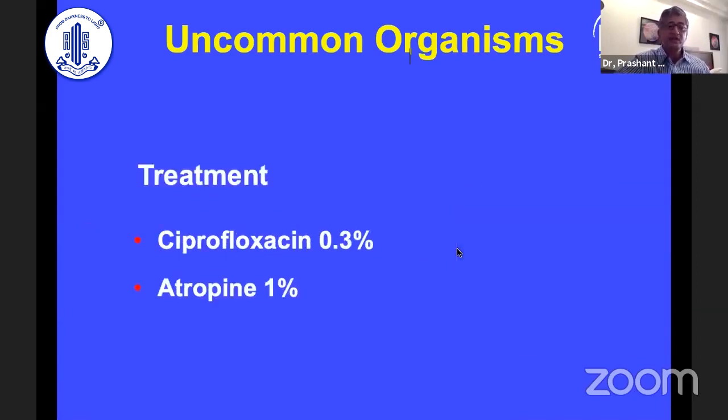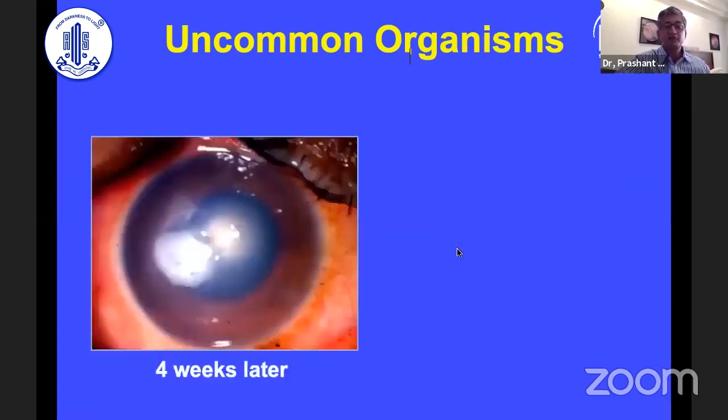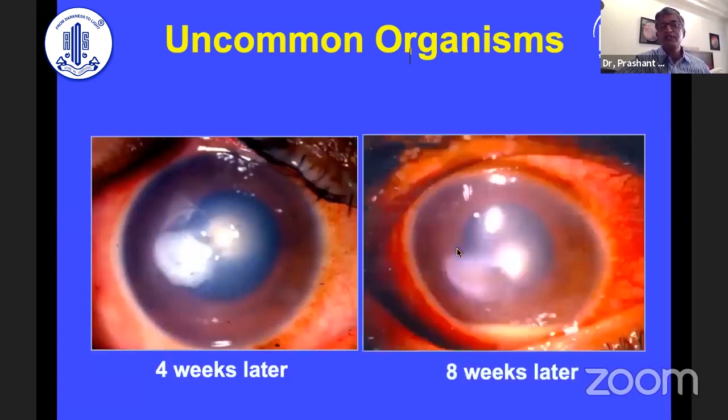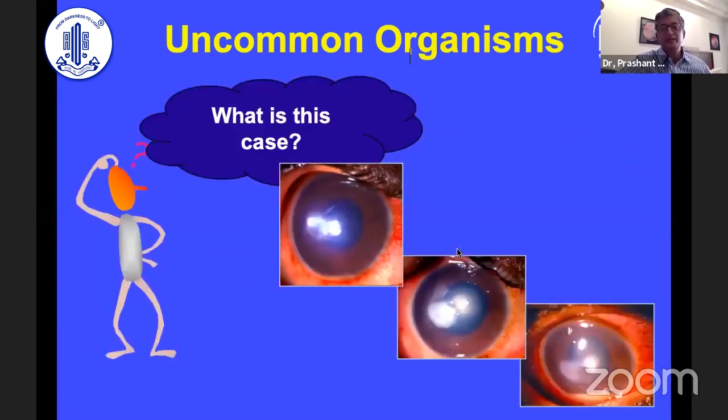We started the patient on ciprofloxacin. This is a case we saw in 98. We also started atropine eye drops. The patient showed initial response, but then there was a worsening at almost 4 weeks. We changed drugs to cefazolin, again showed some response, and then came with an increase in symptoms.